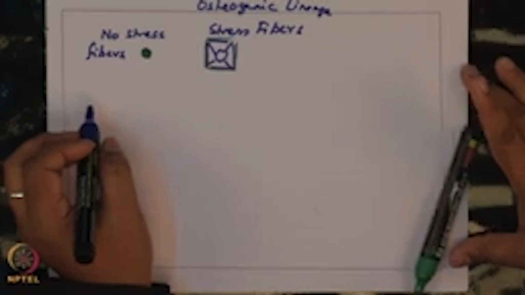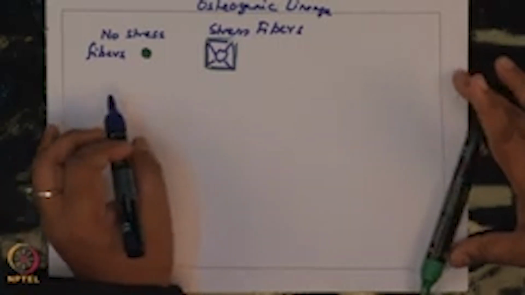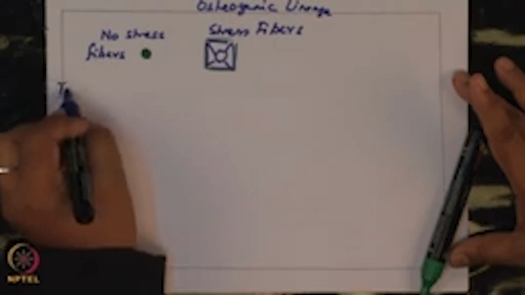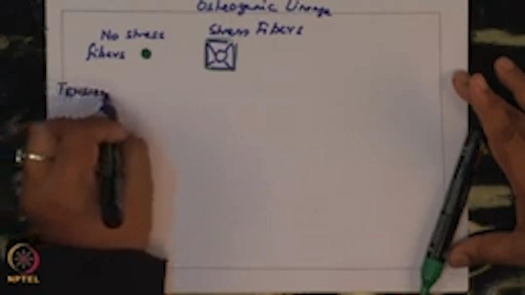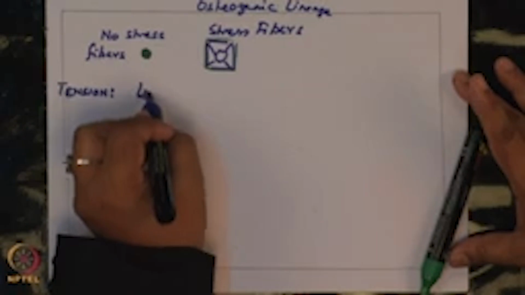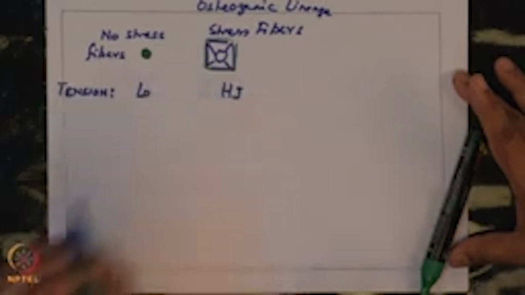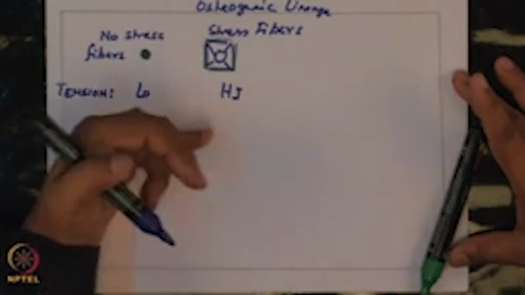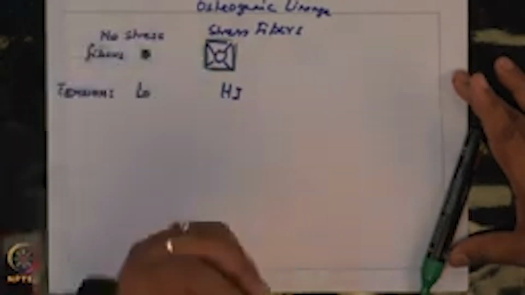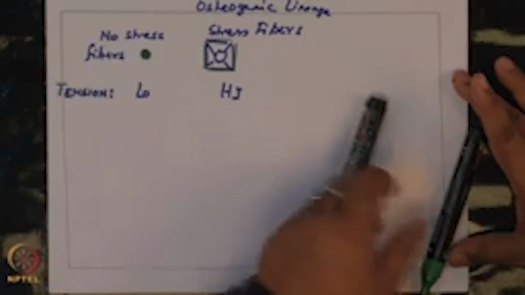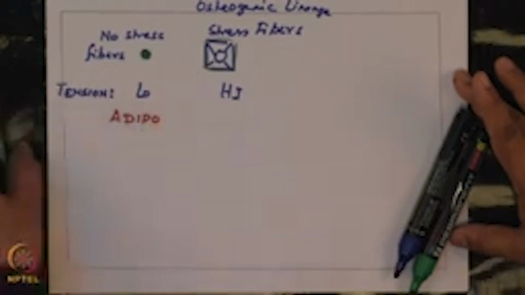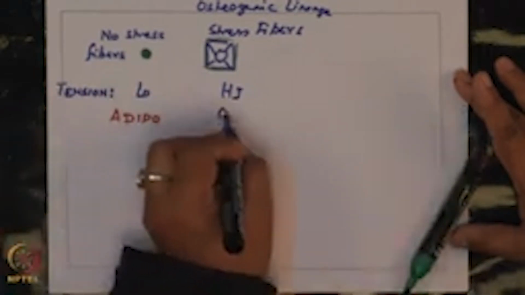So, again going back to the analogy of the cell as a tent, greater amount of stress fibers means, if I were to draw tension, the level of cytoskeletal tension, this is low, this is high. So, again you have this correlation between tension and lineage differentiation. When tension is low you have adipogenic differentiation, when tension is high you have osteogenic differentiation.